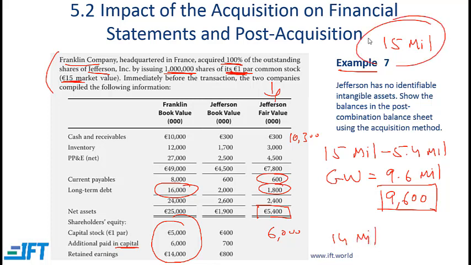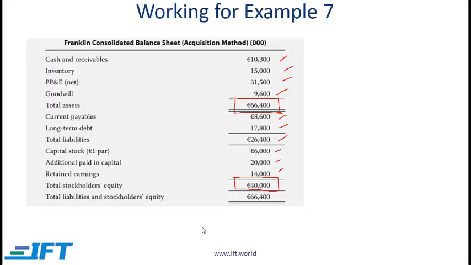Since 15 million is being paid, of which 1 million is going in this category, then the remaining 14 million go in the additional paid in capital category. So we do 6 million plus 14 million, that is 20 million. The retained earnings stay the same, that number is 14 million. So that is where these three numbers come from, and note that they add up to 40 million, which is what you would expect.